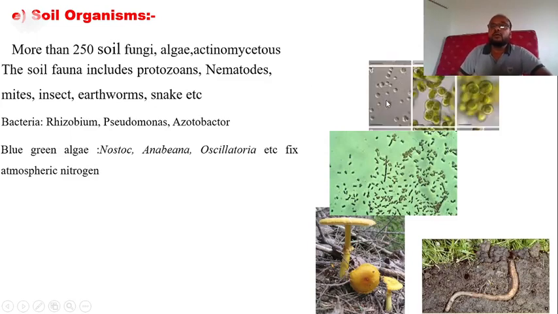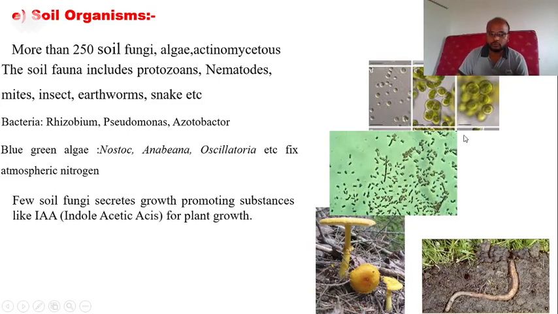There are certain blue-green algae. We all know these blue-green algae also fix atmospheric nitrogen, for example Nostoc, Anabaena, Oscillatoria. It is a very important alga found in the soil.